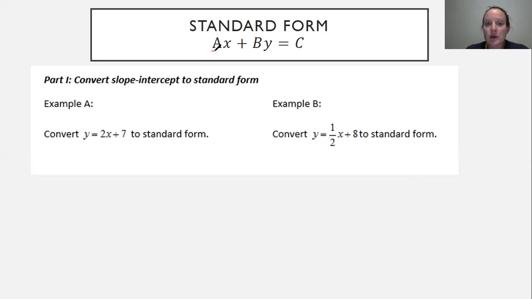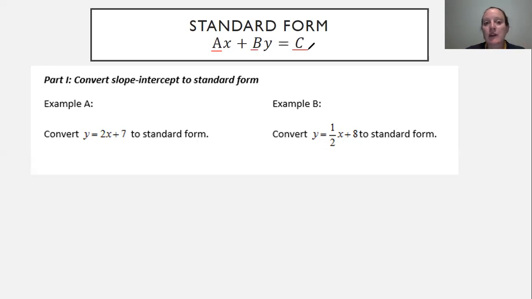But all you need to know is that A, B, and C represent numbers, integer numbers. We don't want to write anything in fractions because that's what standard form is. It's the pretty way to write the equation of a line.